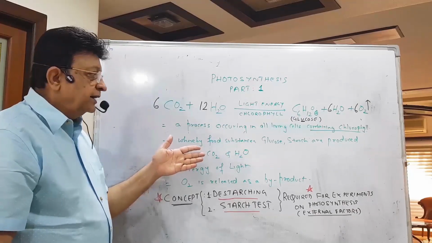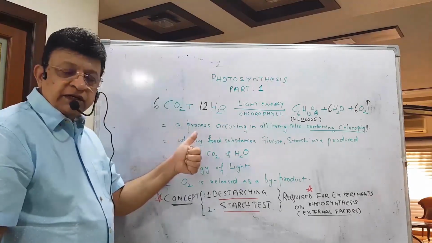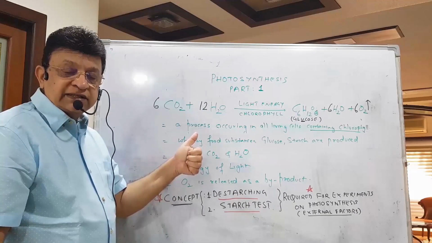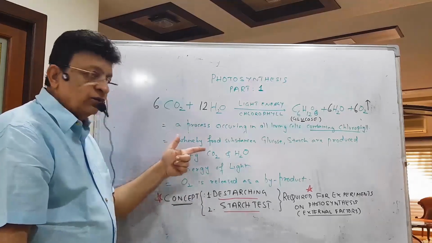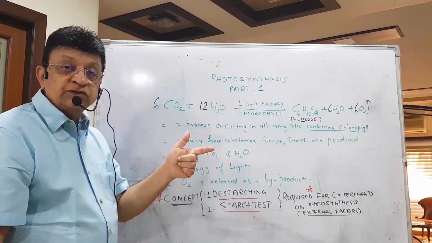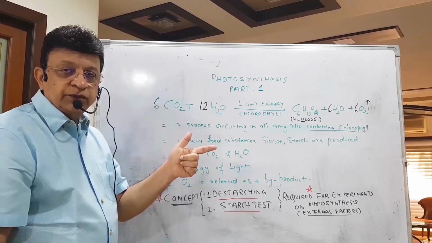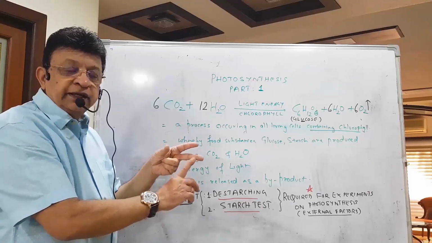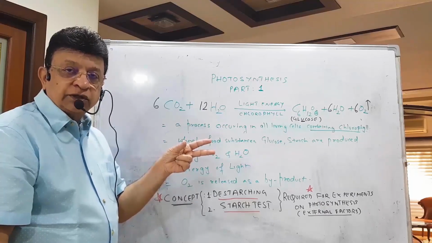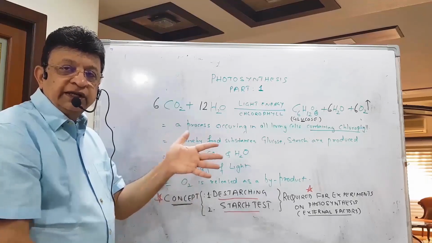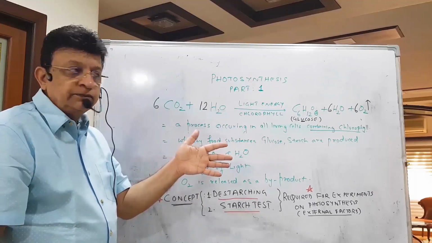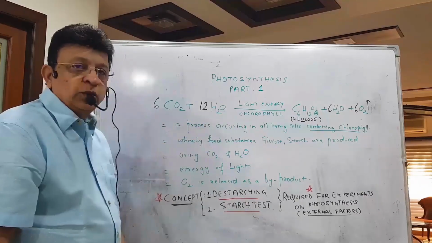Simple. So we begin again. It is a process occurring in all living cells containing chlorophyll. Second, whereby food substances, glucose, starch are produced, using carbon dioxide and water, energy of light, oxygen is released as a byproduct.